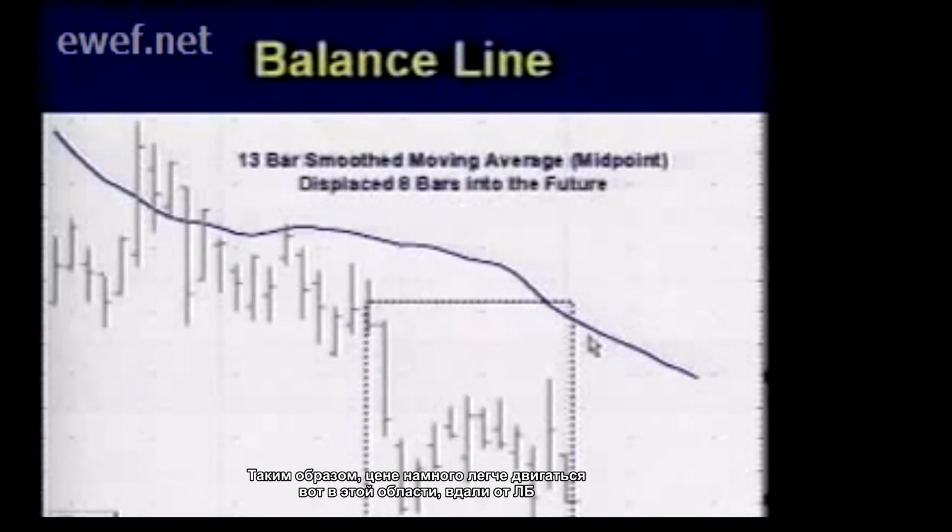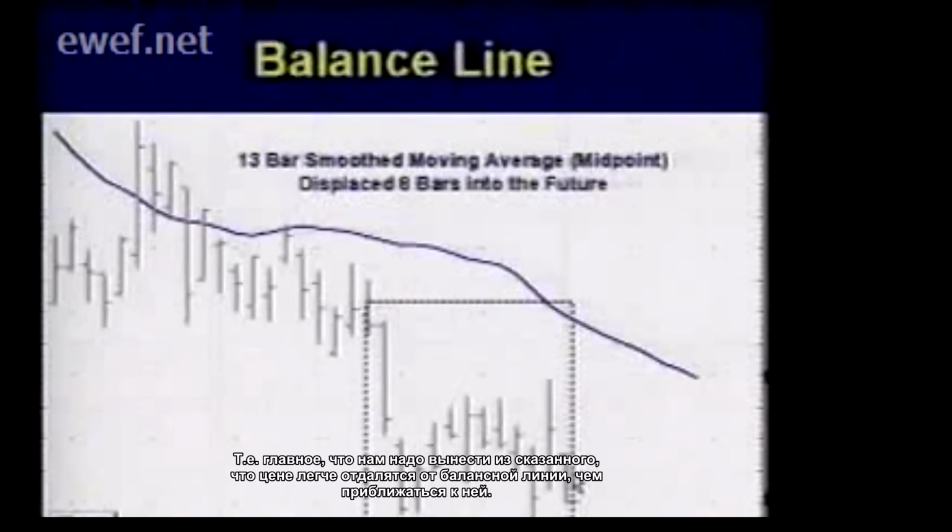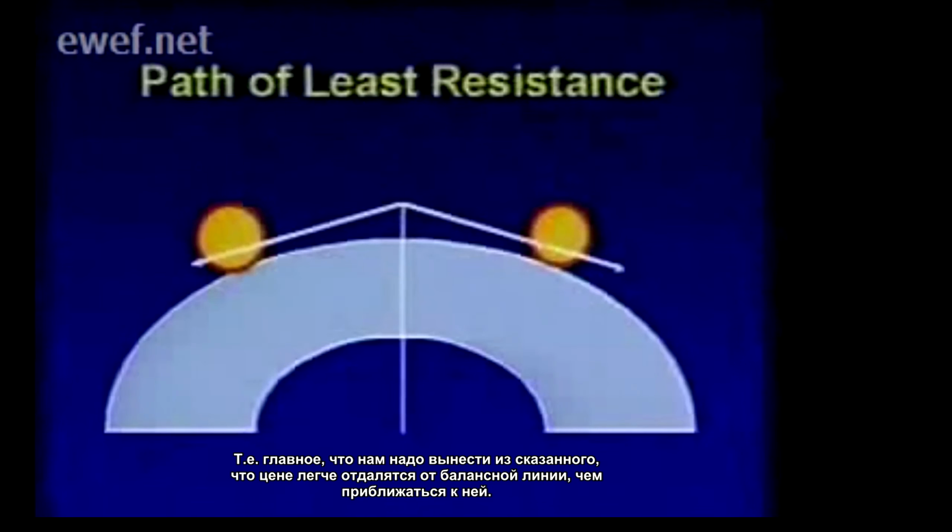So the prices can move much easier in this area because it's moving away from the balance line than it can in this area, moving toward the balance line. So one thing to keep in mind always is that prices move away from the balance line easier than they move toward the balance line.